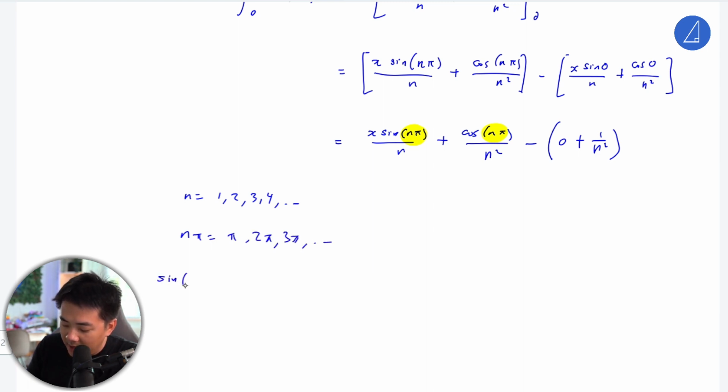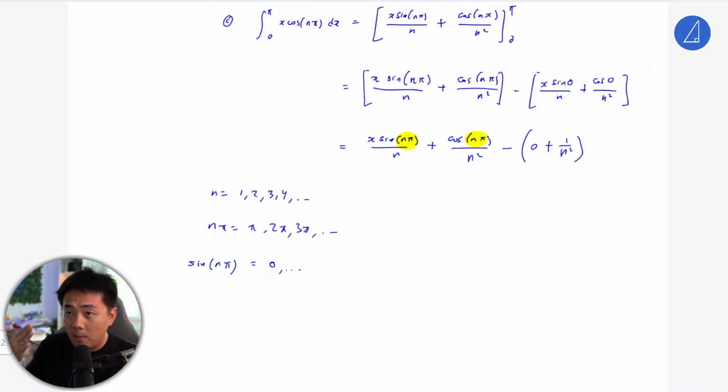So we know that sine of a multiple of pi, 180 degrees, 360, 540, and so on, will all be 0. So this will just be 0. Then cosine n pi: cosine pi will be -1, cosine 2 pi will be 1, cosine 3 pi will be -1.